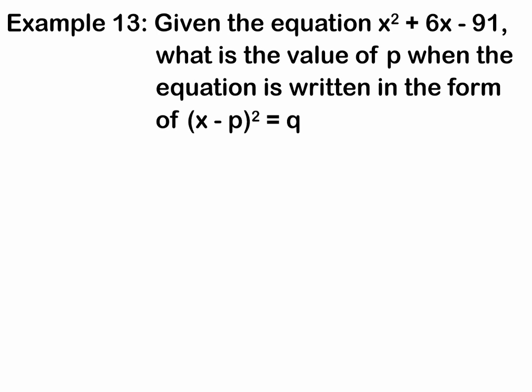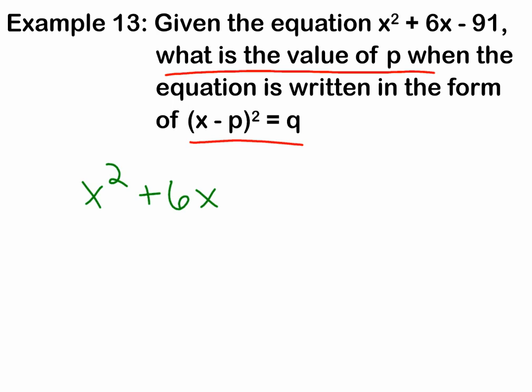Now, when we take a look at example 13, you'll notice it looks exactly the same in the sense that they still want it in that same form, but now they're asking us, what is the value of p? So if I was to go ahead and take this, put it into that form, I would follow the exact same process we've been using. Add 91 to both sides.